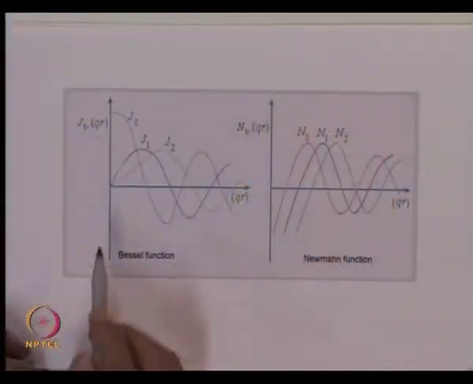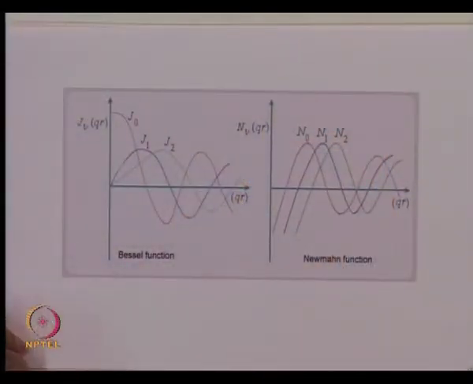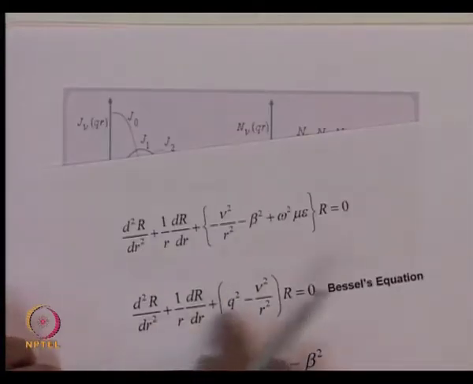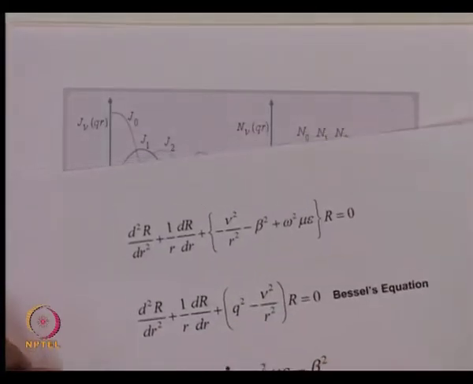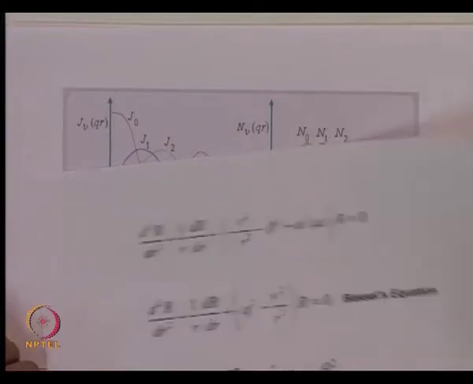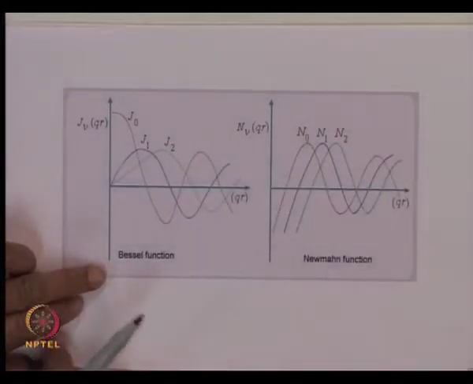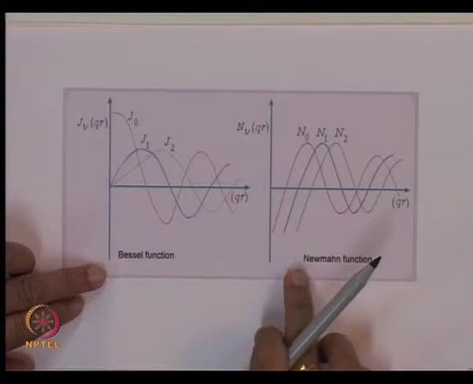So, what we now say is that if this quantity q is real, then we have a Bessel function, and since it is a second order differential equation, there are two solutions to this. The first solution is what is called the Bessel function, and the second solution is what is called the Neumann function.